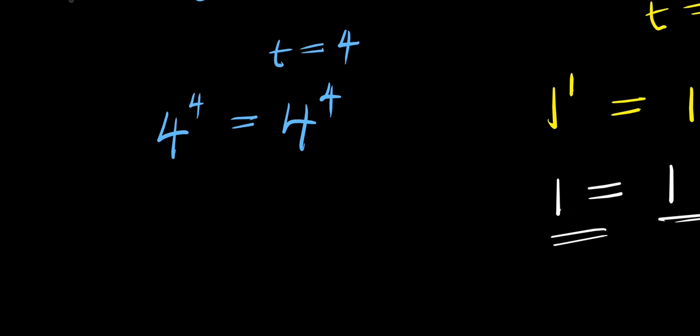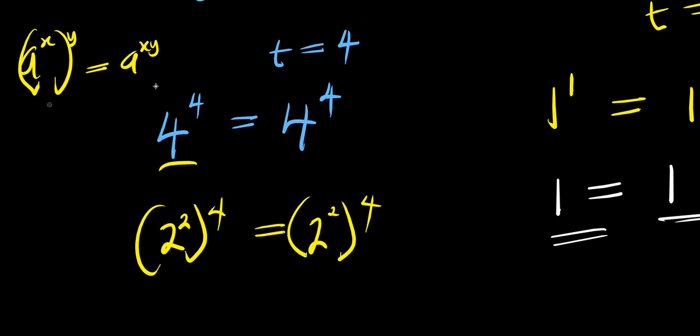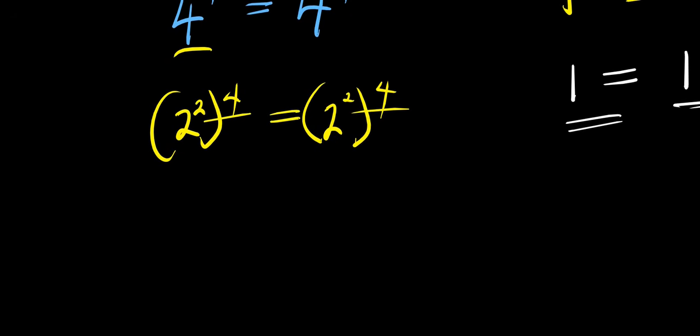What is the value of 4 power 4? 4 is a perfect square, which is 2 power 2 raised to the power of 4. And if you have a power x raised to the power of y equals a power x times y, right? So this multiplies out, and we are going to have 2 power 8.